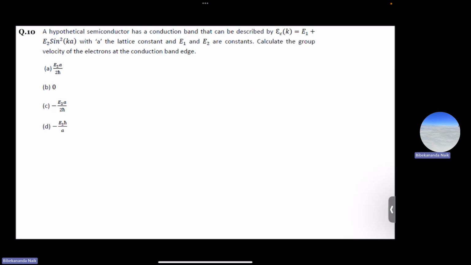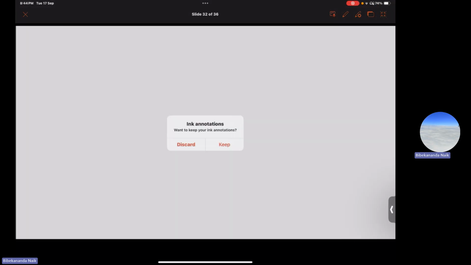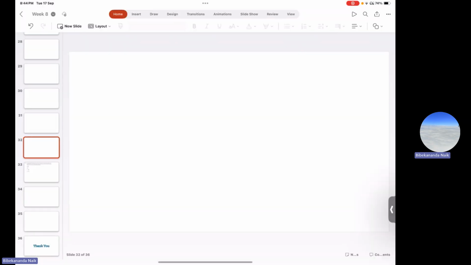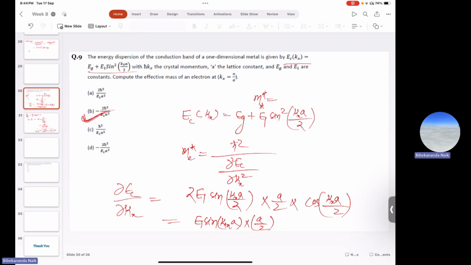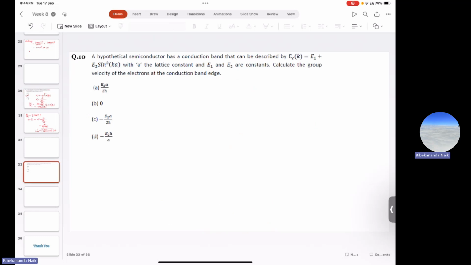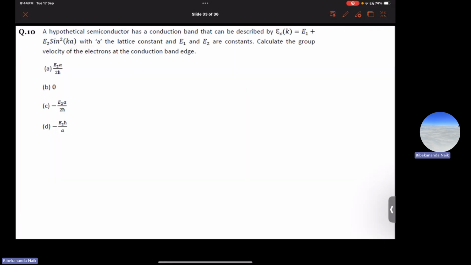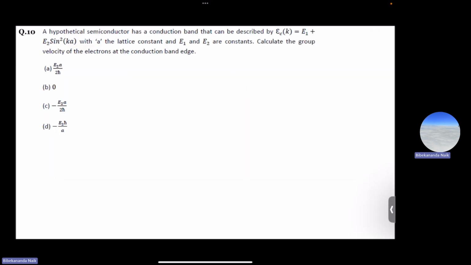In the previous question, it was to compute the effective mass of electron at kx equal to pi by a, but here it is given to calculate the group velocity of electron at the conduction band edge.